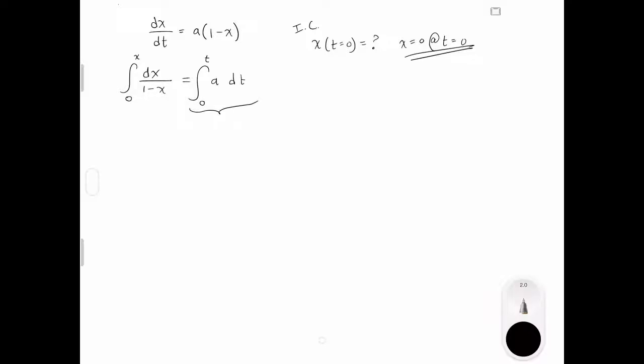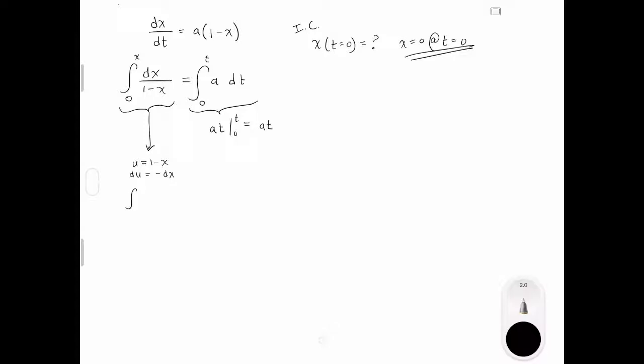So this right-hand side is fairly easy, from 0 to t, and that is equal to simply at minus 0, so at. Left-hand side is the one that's going to be more involved, but if you can recognize that it's a simple u substitution, where you set u equal to 1 minus x, and du is therefore equal to negative dx, since the derivative of negative x is negative 1.